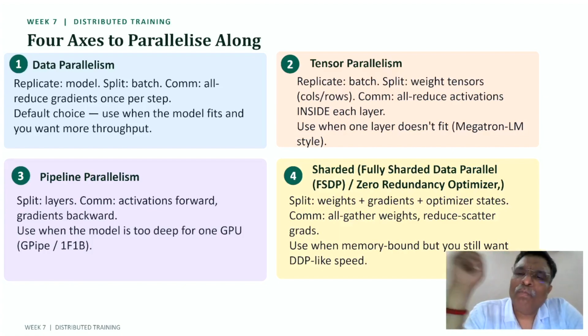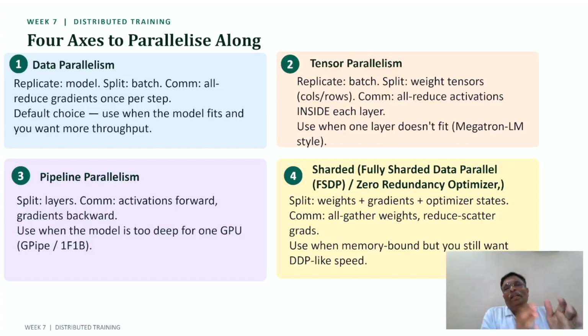That's called ZeRO. So in both these cases, we will split the weights, the gradients, and the optimizer states among the GPUs involved. We'll have all-gather of weights, reduce-scatter of gradients, all of that. These are approaches which are used in parallel programming when we talk about OpenMP, MPI, and all of these parallel communication and parallel compute techniques, right?